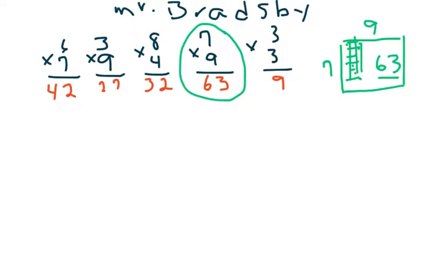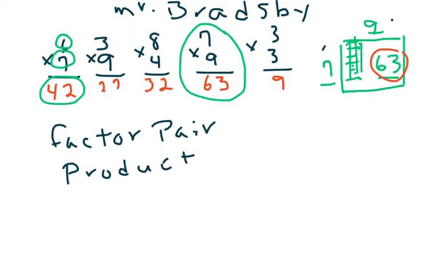The factors are like 6 and 7 are factors of 42. In this case, 7 and 9 are a pair of factors for the number 63, which is the product of these factors. So when we're multiplying, these numbers are called the factors, 7 and 9, and the product is 63.